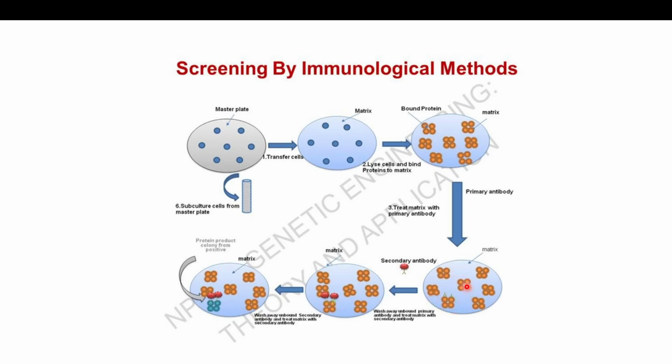The remaining ones which did not give any signal from the secondary antibody did not contain our protein of interest, but this particular colony of cells contained our protein of interest. Then we will inoculate this cell, culture it, and subsequently use it for our experiments.